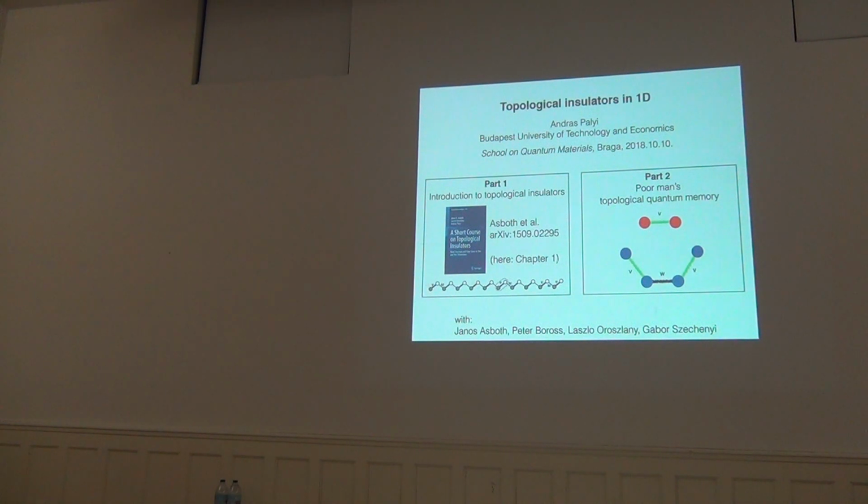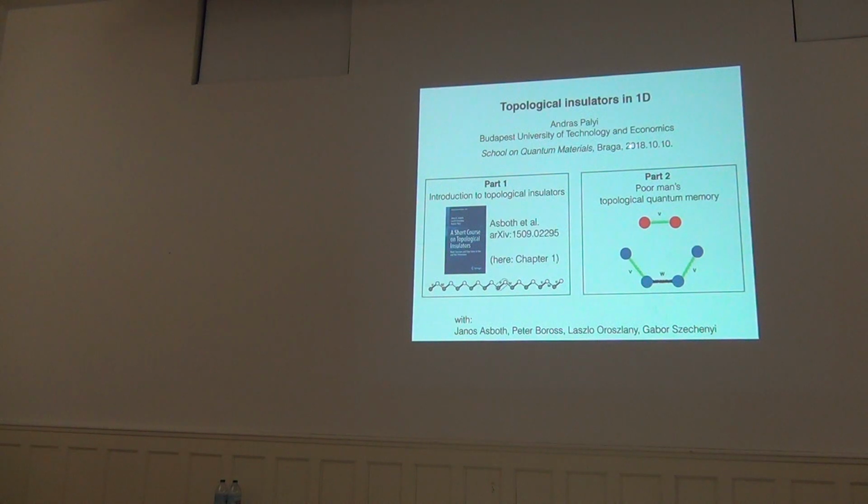Using this very simple one-dimensional non-interacting tight binding model. And then in the second part of the talk, I would like to reflect on the fact that nowadays one-dimensional topological superconductors seem to be quite interesting because there might be some applications of them in quantum information processing. What I mean is that one-dimensional topological superconductors are thought to have degenerate ground states, and that's something useful if you want to do noise-resistant quantum computing.